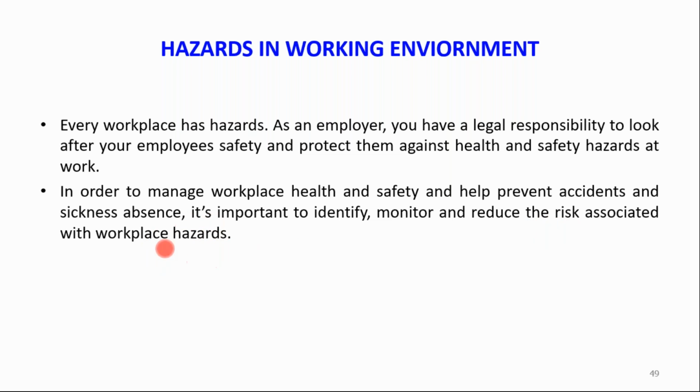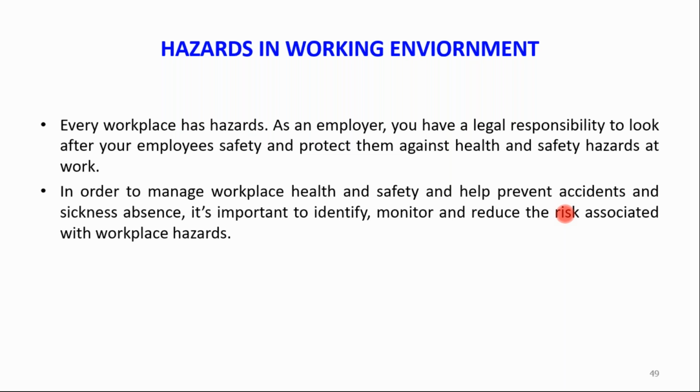So with the help of this hazard identification, we have to analyze the risk also. So that may be a low, medium or high risk area. So we have to identify the high risk areas, and then we have to focus first on the high risk areas: how to reduce this high risk at least to medium risk.